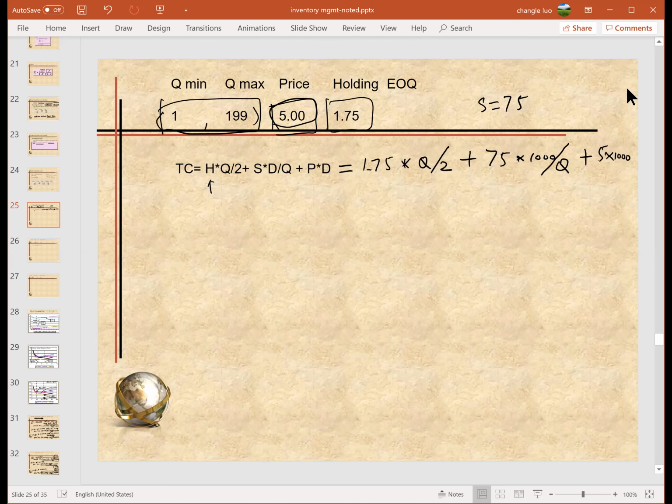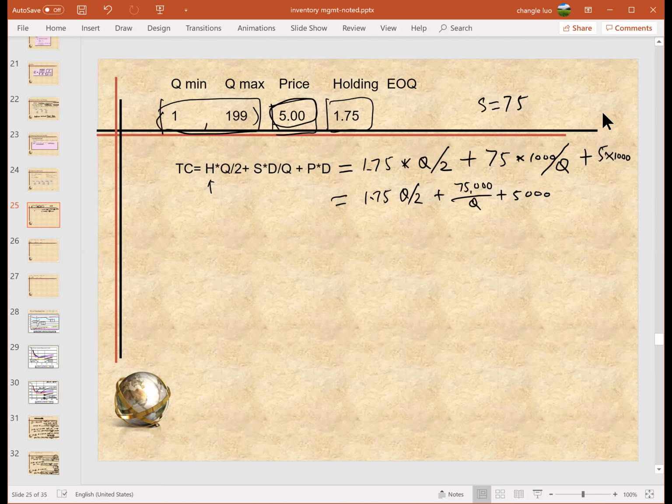So I'm going to consolidate a tiny bit: 1.75 Q divided by 2, so I'll leave this, and it's 75,000 divided by Q plus 5,000. So that is this equation.